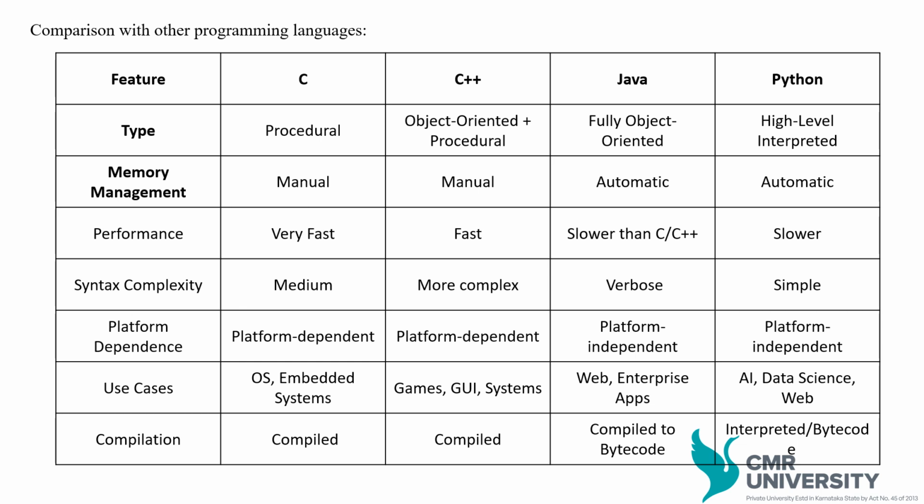Java is used in web and enterprise apps. Python is used in AI and data science, where Python is the basic language. For compilation, C and C++ are compiled, Java is compiled to bytecode, and Python is interpreted or compiled to bytecode.